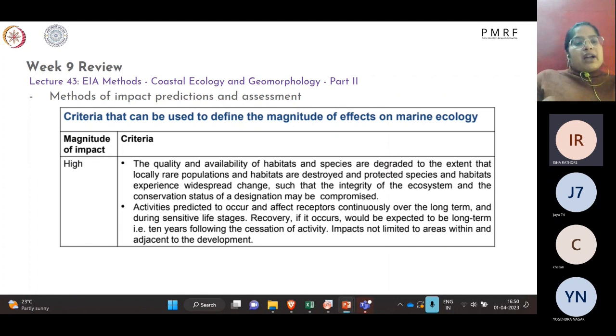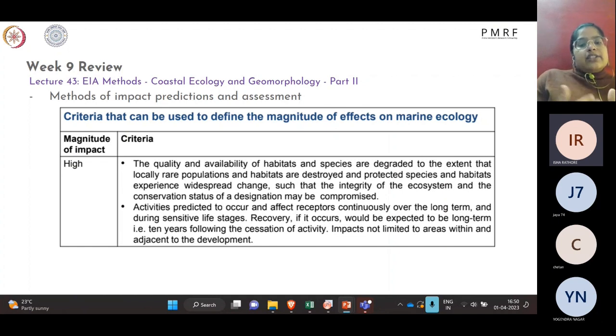So high magnitude criteria is when the quality and availability of habitats and species are degraded to a larger extent, where rare populations and habitats are destroyed and protected species and habitats experience widespread change, and the integrity of the ecosystem is compromised and the conservation status is also compromised.